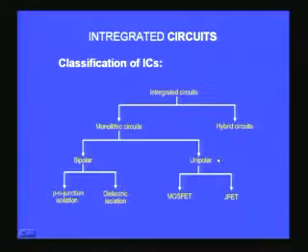Basically unipolar devices are field effect transistors. Even among the bipolar, in the actual design of the integrated circuit, there could be a difference. For example, there could be p-n junction isolation or dielectric isolation. Let me not go deeper into that. Similarly, in the unipolar, you can have two different things: MOSFET, metal oxide semiconductor field effect transistors, or you can have junction field effect transistors integrated into the circuits.